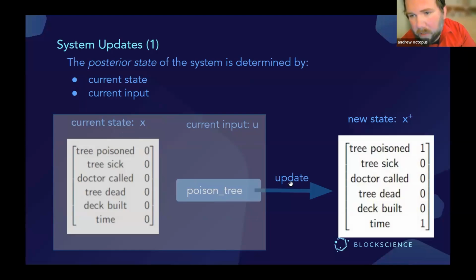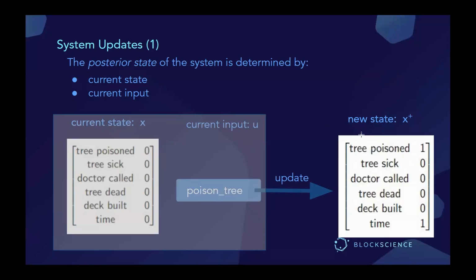And then we update that to reflect the fact that the tree has now been poisoned. This is how the mapping of current states and current inputs to the new state in the system will work. I am intentionally minimizing the notation at this point. There's some really nice notation, but I want to emphasize maximum accessibility here.